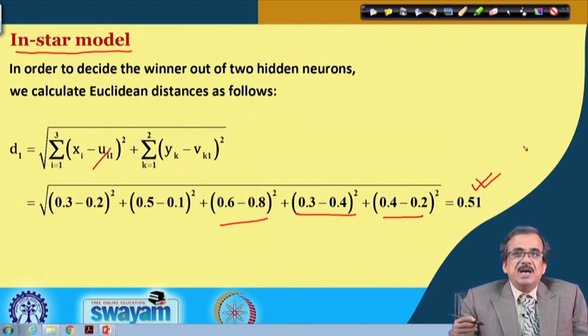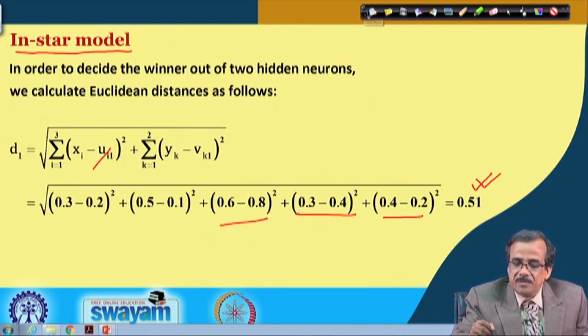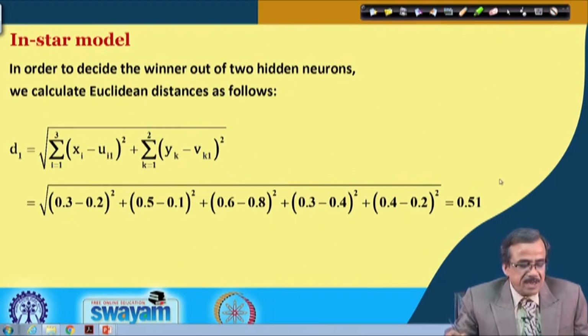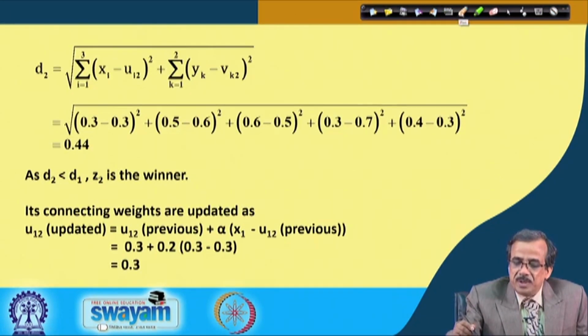Now, on the hidden layer we have 2 such neurons, so I will have to calculate another d value, that is d2.